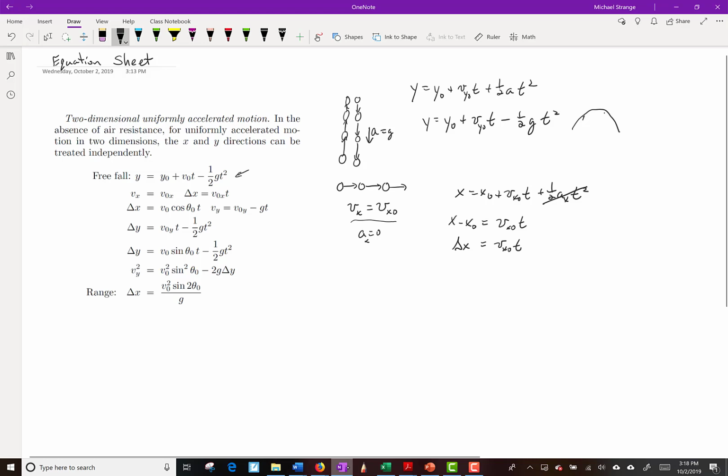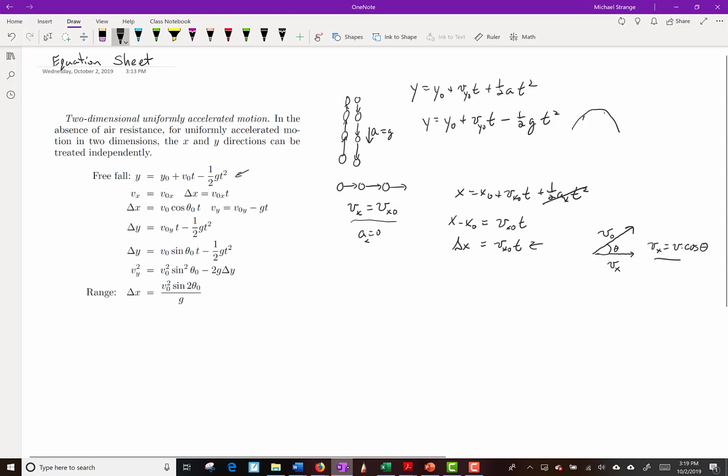Okay, so now this one, it comes from the trig. So that's this equation, and then we just substitute the trig in there. So let's pull it out. So if I have an object that's launched with velocity v naught at some angle theta, then this portion right here, this vx, is going to be, it's next to the angle, so vx is going to be v cosine theta.